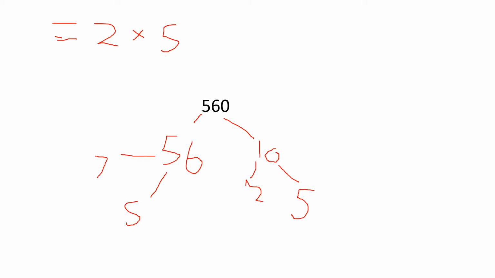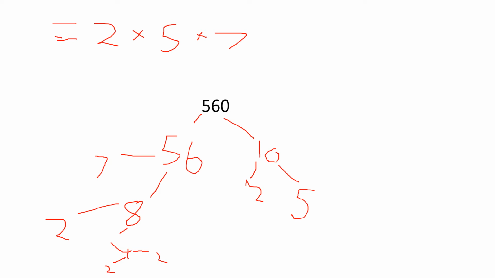Now if you also remember from the previous slide, 7 is a prime number, so we do times 7. And now if we were to break down 8, we would get 2 and we would get 4. Now 4 is not a prime number, so we break it down even more and we get 2 times 2.